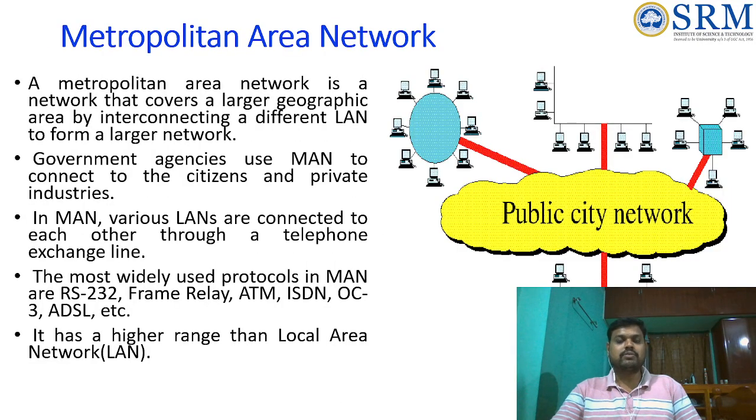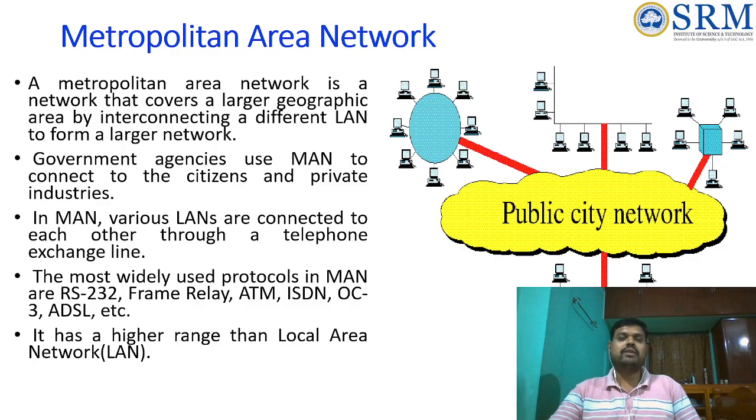The next one is the metropolitan area network. A metropolitan area network can be created by integrating multiple local area networks. For example, within Chennai city, we will have a number of banking sites or a number of branches of a particular organization. If you want to connect all of these branches, you can combine all these local area networks together to create a metropolitan area network.